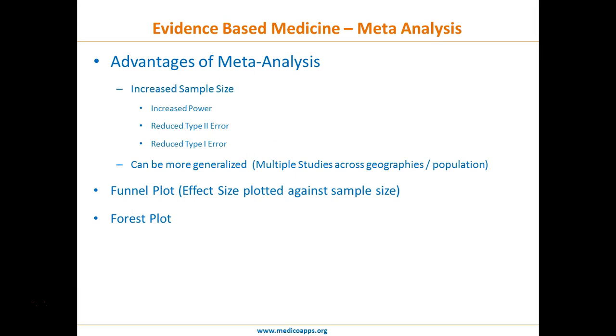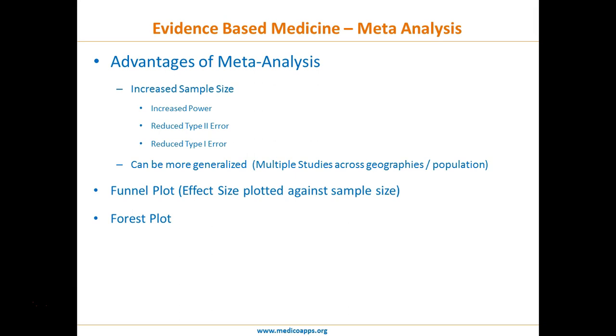Plus, since the different studies are in different parts of the world, the outcome of the meta-analysis can be more generalized, as these studies have been done across multiple geographies and populations.